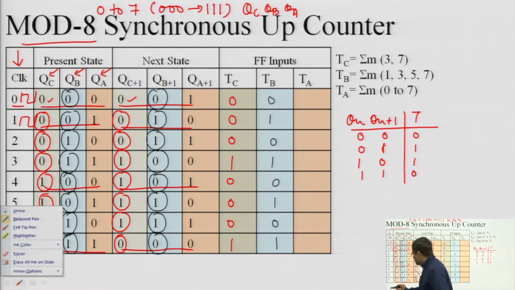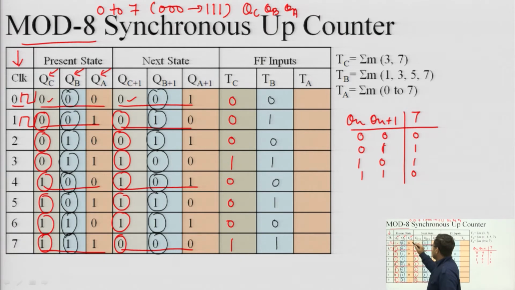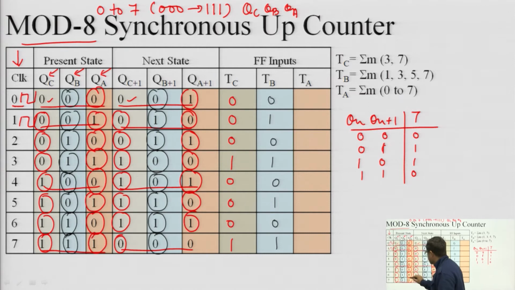Similarly, for QA, 0 1, 1 0, 0 1, 1 0, you can check that in all the cases the output is changing. There is no case where the output is not changing. These are the only two possibilities we observe in the transition between QA and QA plus 1, 0 1 or 1 0.